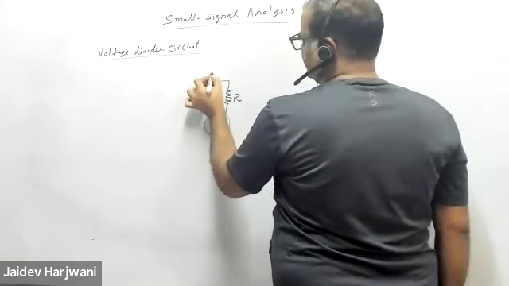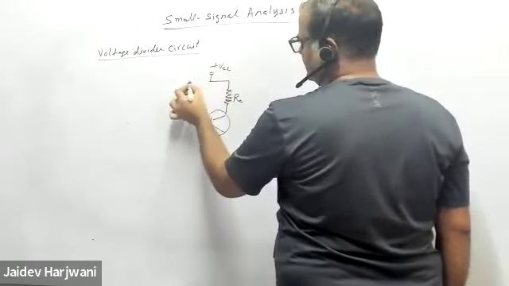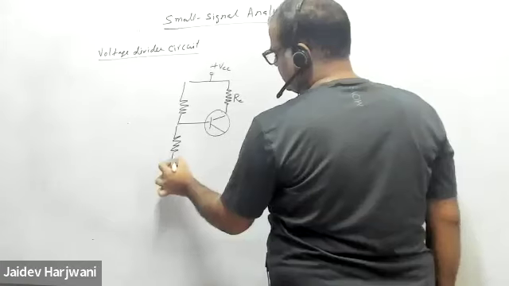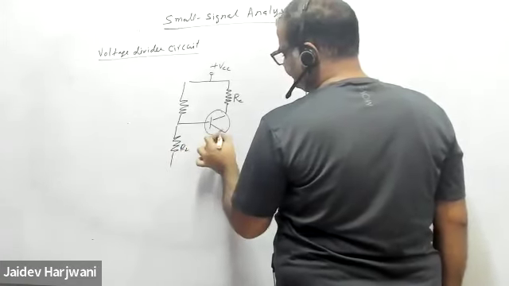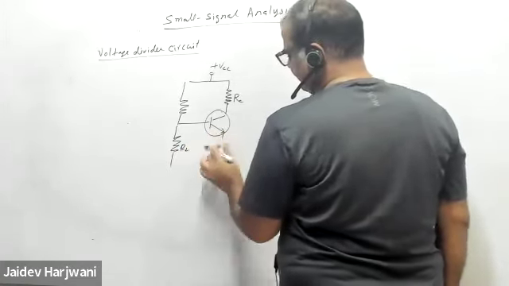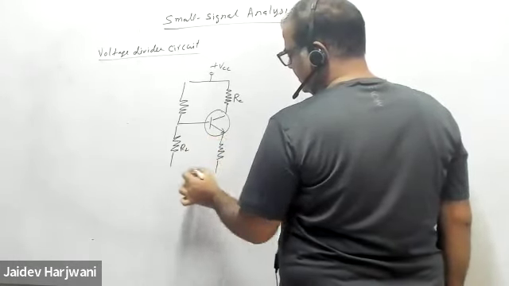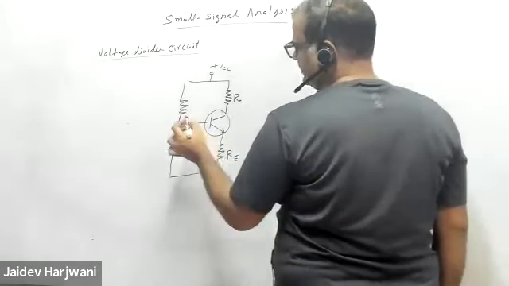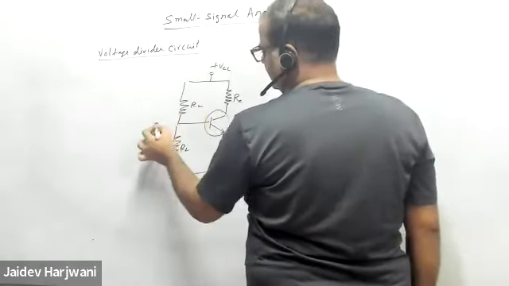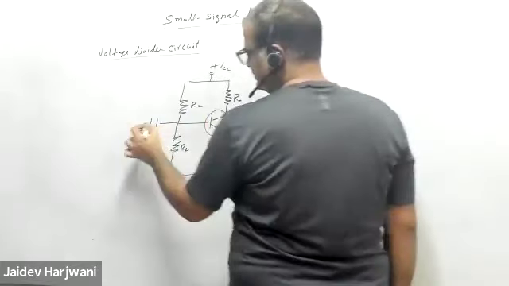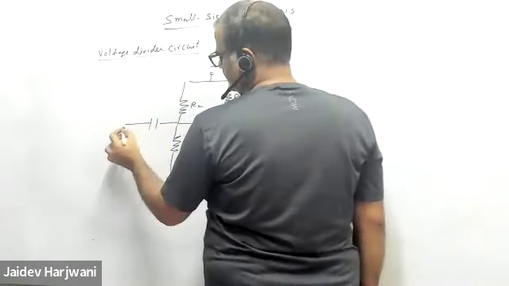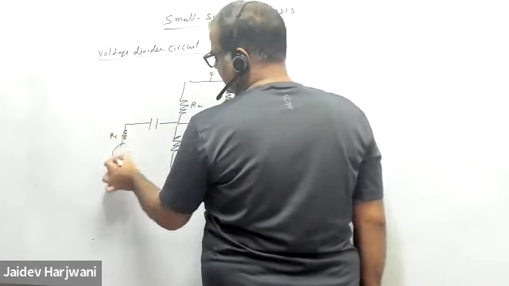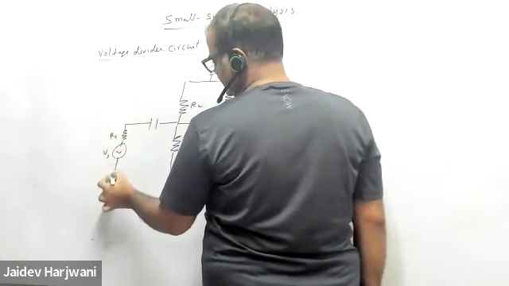You're applying some VCC, and here you have R1, R2, RE, and then you have a capacitor C1 here, and then a resistance RS, and then some source VS here.